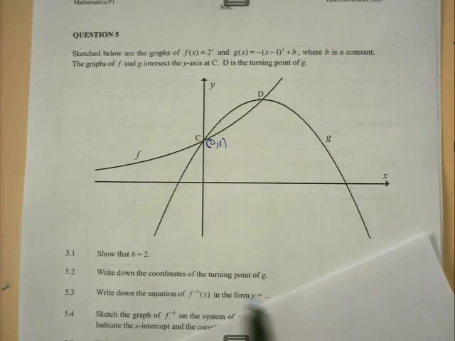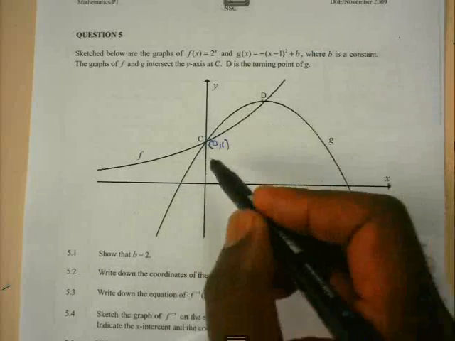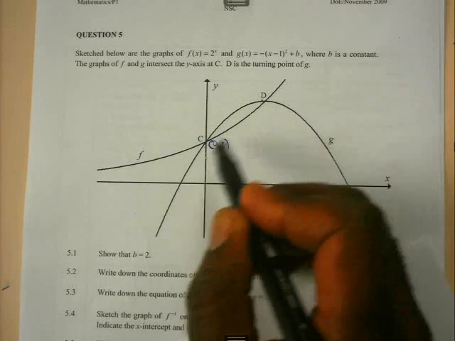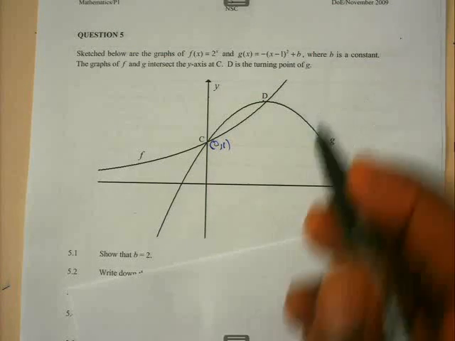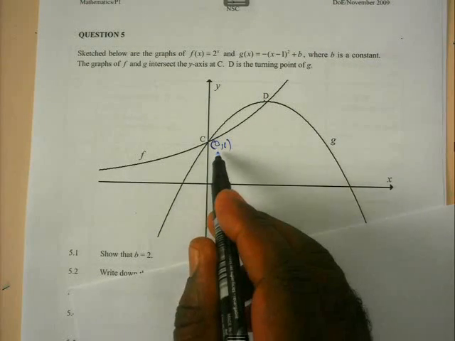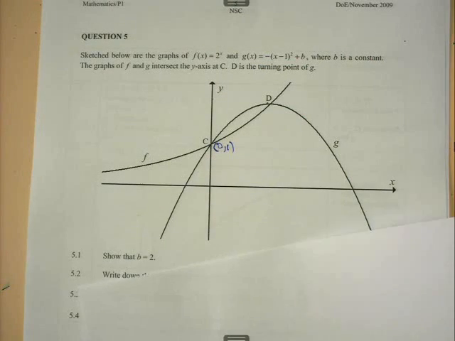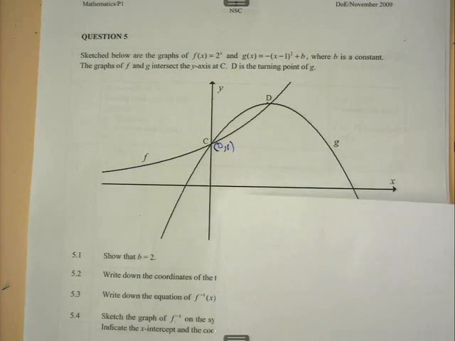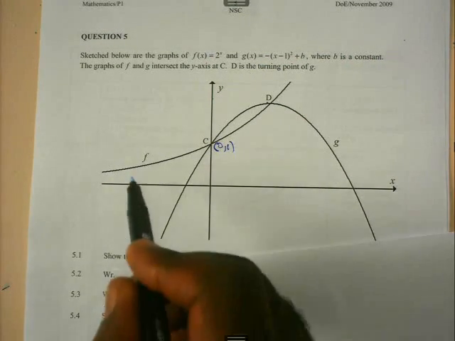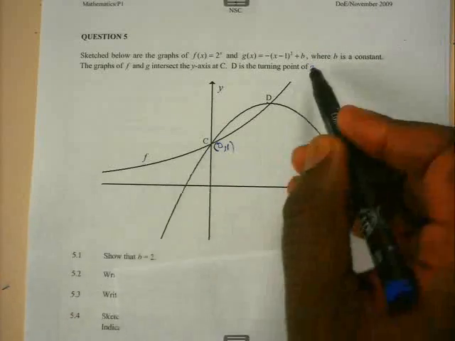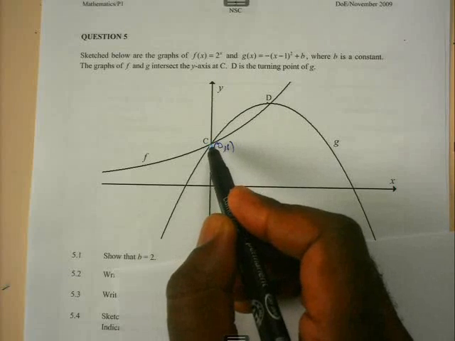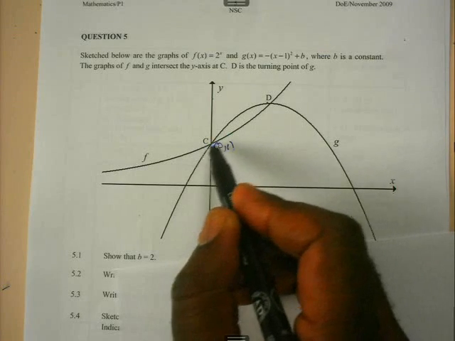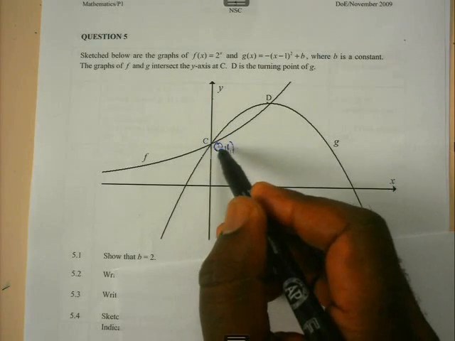So coincidentally, both graphs share this point, because that is where both of them intersect. Now for us to determine b, let us use the coordinates of point C, which we were not given, but we had to think about them because this graph is an exponential graph. We know that an exponential graph always cuts the y-axis at the point (0; 1).